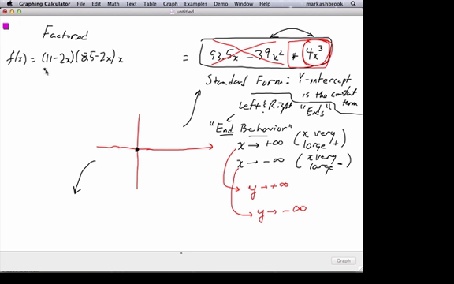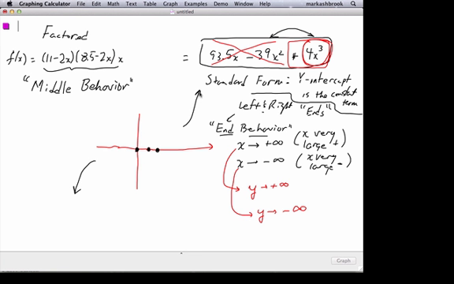What did the factored form help us with? If we know the end behavior, what do we have left to find? The middle behavior, in the middle of the graph. And we have a root at 0, we have a root at 4.25 and 5.5.